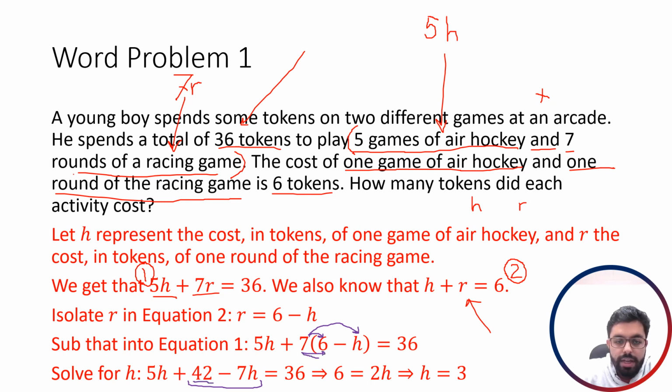And then 7 times H is 7H, that's this guy. And we just keep that minus sign the same right there. So this is what we have right here. We've got 5H plus 42 minus 7H equals 36.